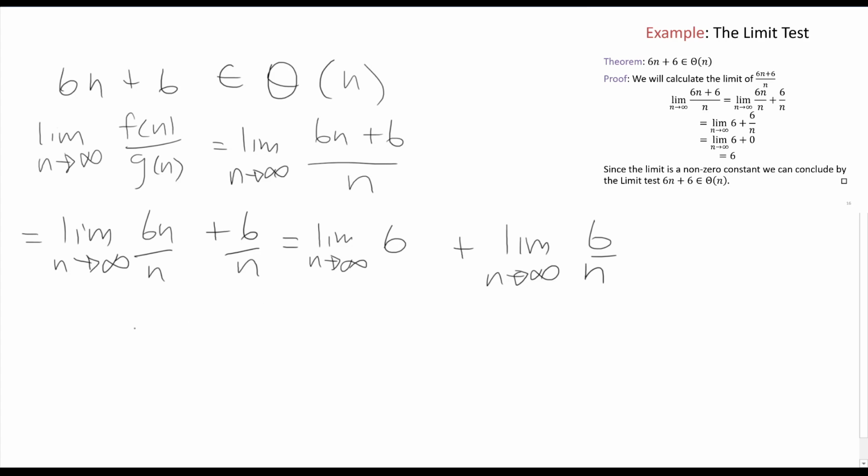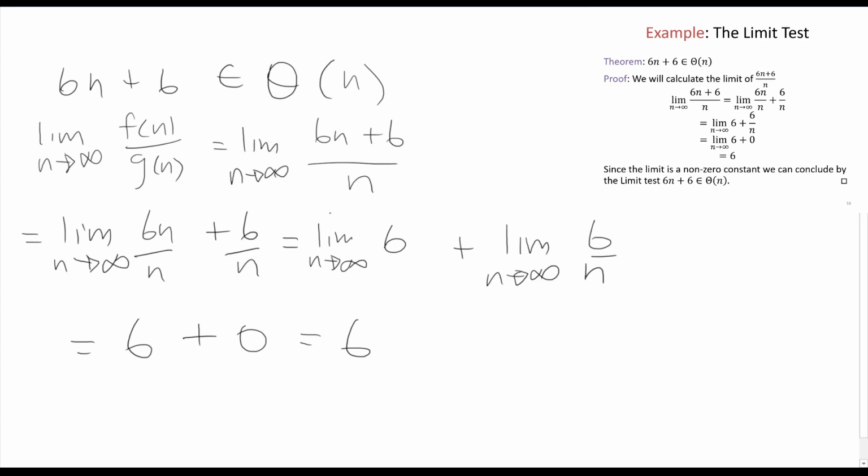Of course, the first one goes to 6. The second one goes to 0. So in total, we get 6. And this is the type of calculation we might do if we want to establish this bound. Remember, by the limit test, since this is a constant greater than 0 and non-infinity, the relationship we've established between these two is a theta relationship.